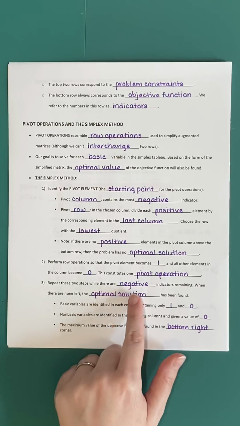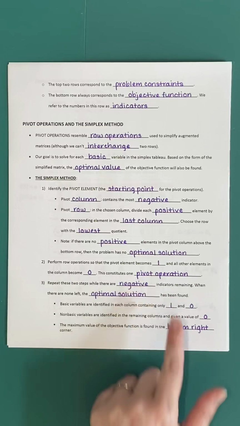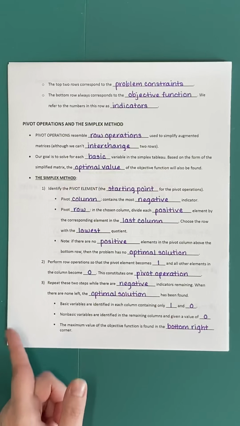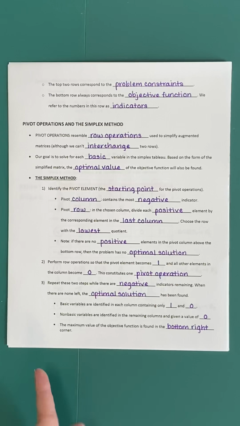We're going to keep going as long as there are negative indicators remaining. So as long as that bottom row has negative numbers in it, we keep pivoting until we no longer have any negative indicators. Once there aren't any negative indicators left, and we've done all the pivot operations, cleared all of those columns, we know we've found the optimal solution.